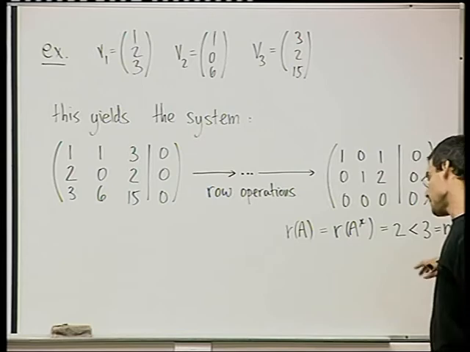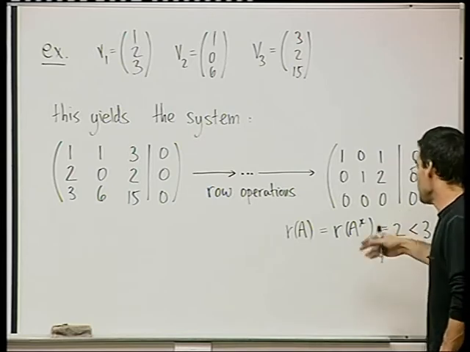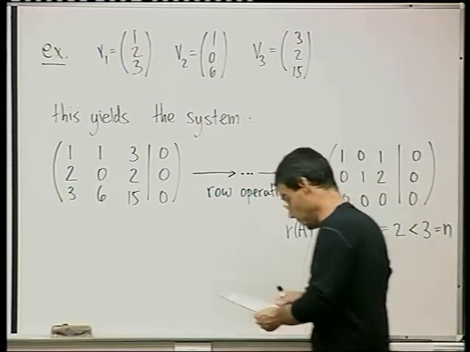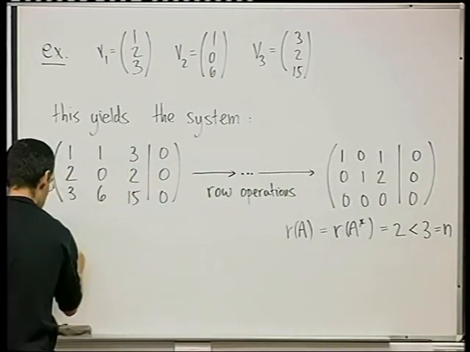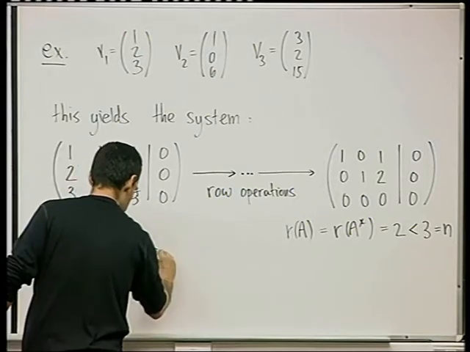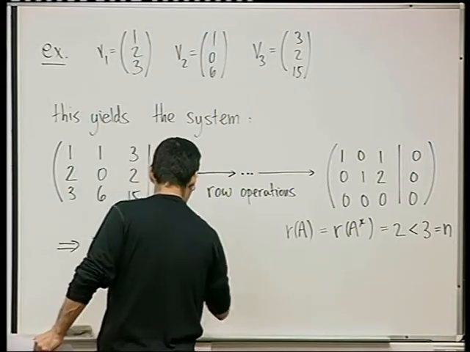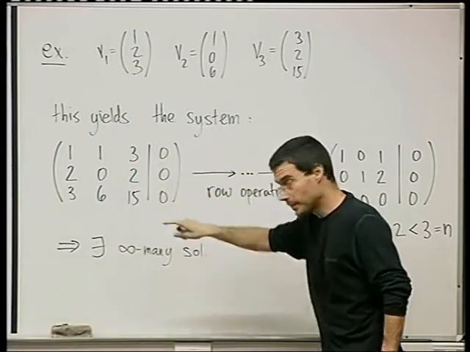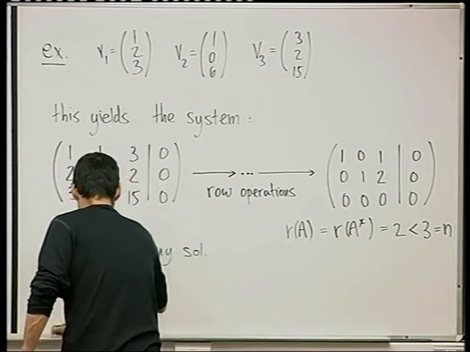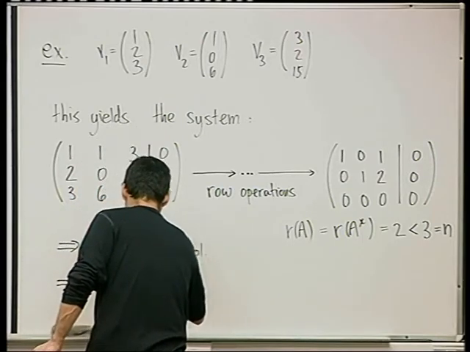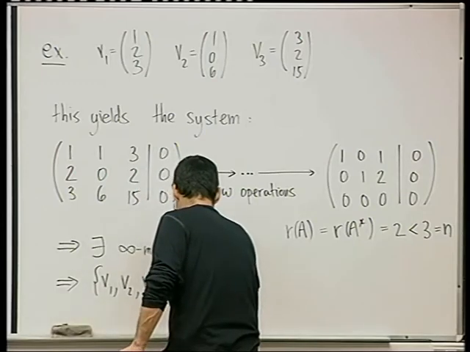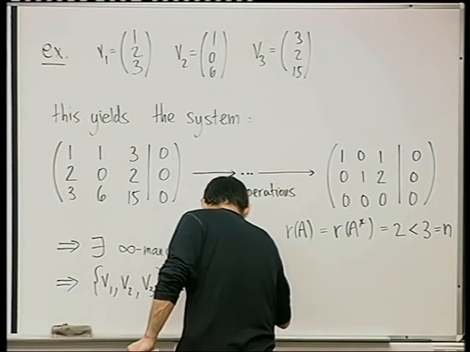Infinitely many, true. Once there's a degree of freedom, and we're working over an infinite field, there are infinitely many solutions. So there exist infinitely many solutions to the system, and this implies that V1, V2, V3, this set of vectors, is linearly dependent.